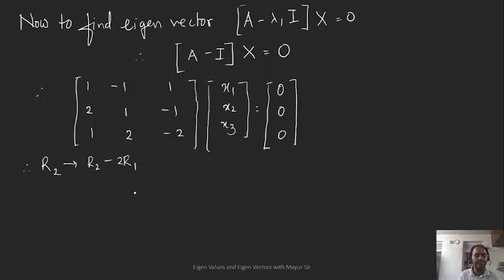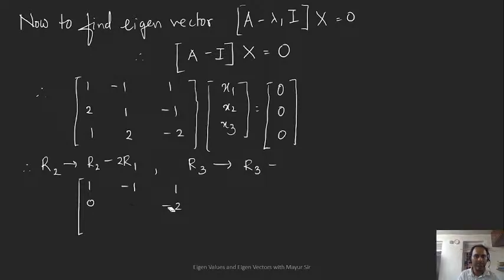When we do, we get here 1, minus 1 and 1, and then this becomes 0, this one will become 1 minus 1 is 2, and here this becomes minus 2, and here the third row, you can do r3 changing to r3 minus, oh, just a minute, I think I made a mistake here.